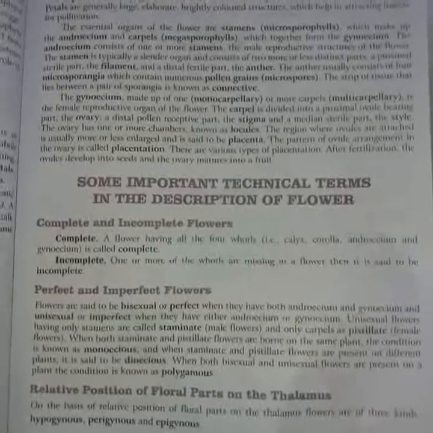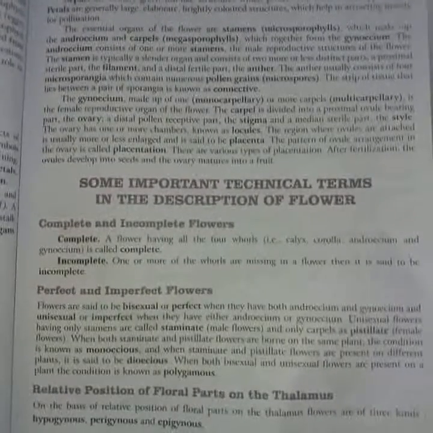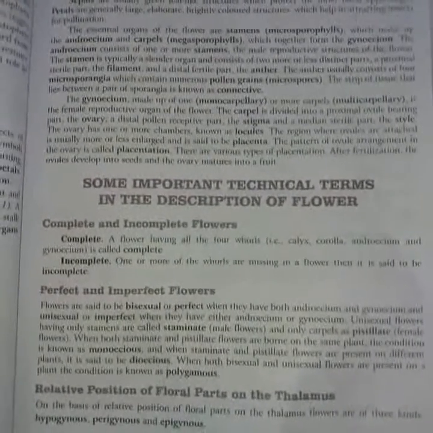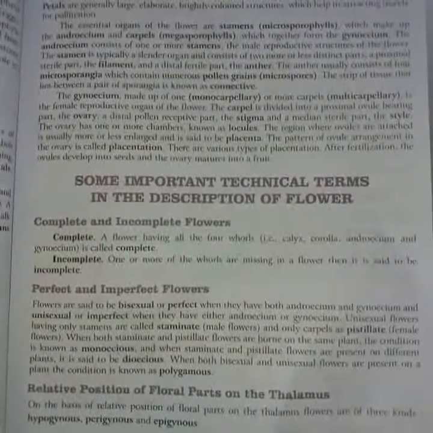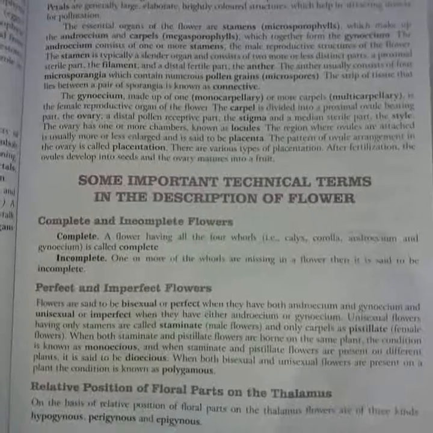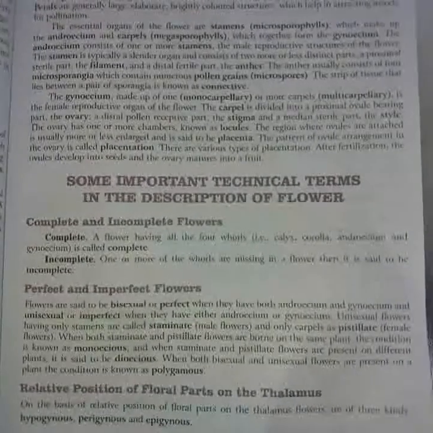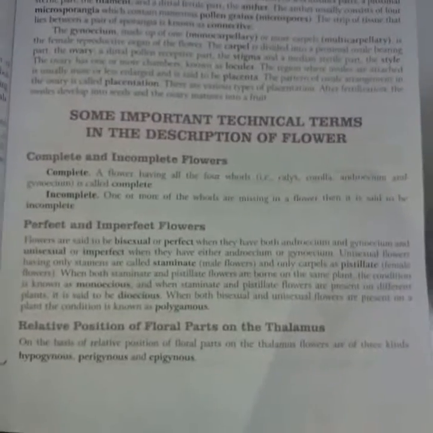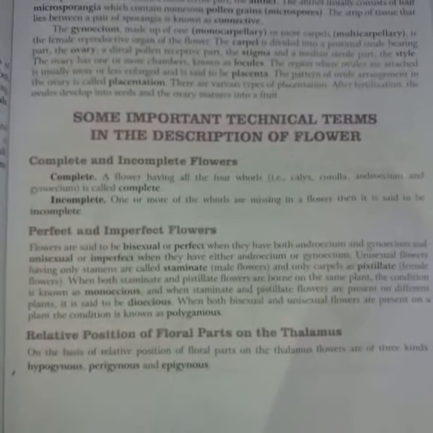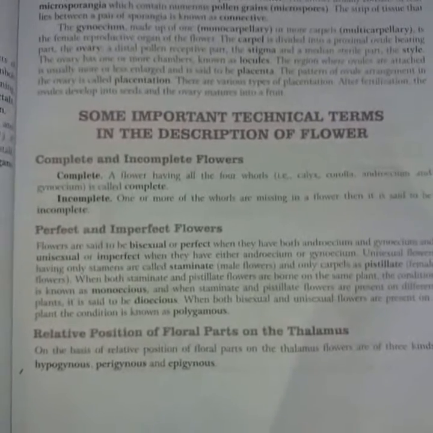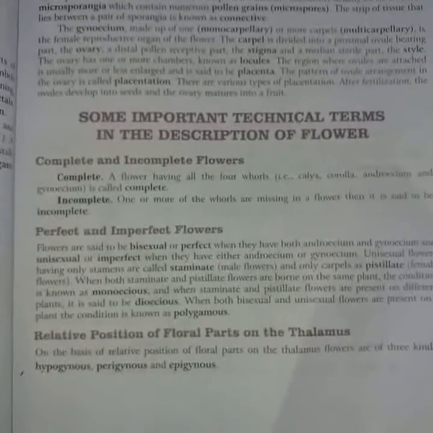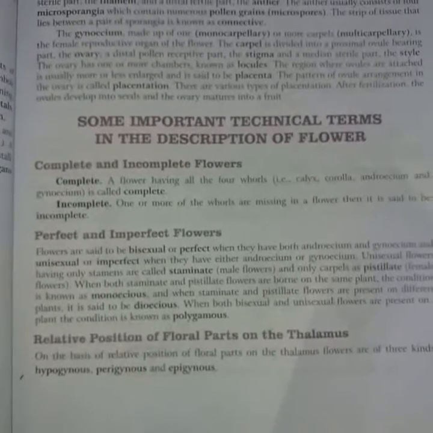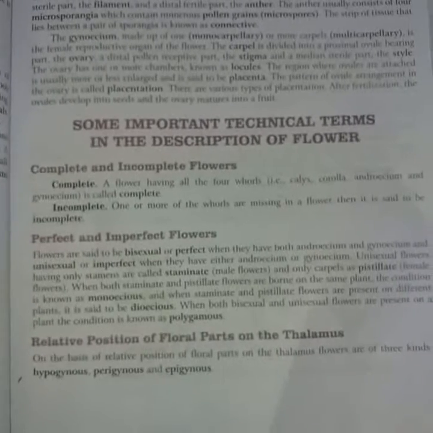When bisexual flower and unisexual flower are present on the same plant, this condition is called polygamous. Polygamous condition is rare. Mostly plants are monoecious or dioecious, but some plants are polygamous.